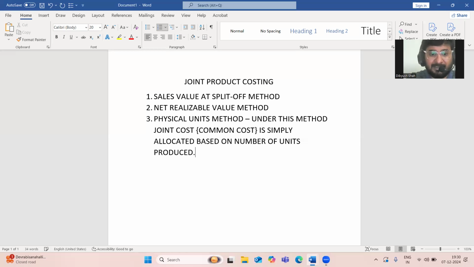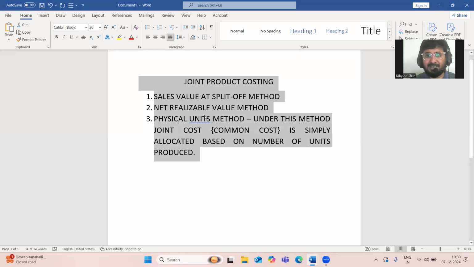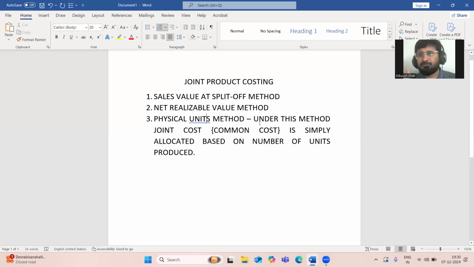So under this method, actually, no emphasis is given on what is the sale price or whatever of the different products. Joint cost will simply be allocated based on number of units produced by the company. Actually, a very simple method.